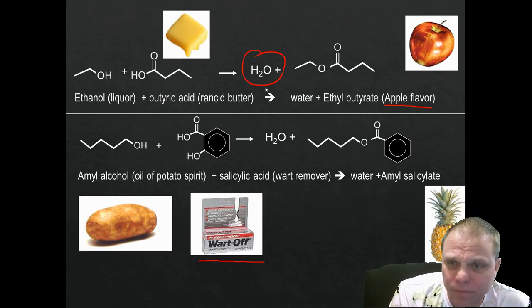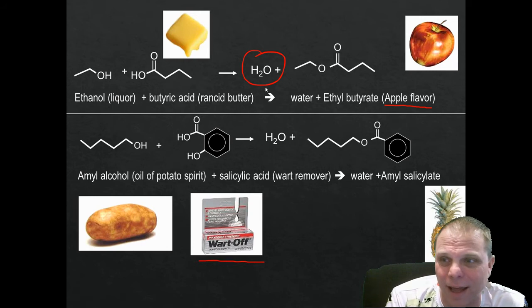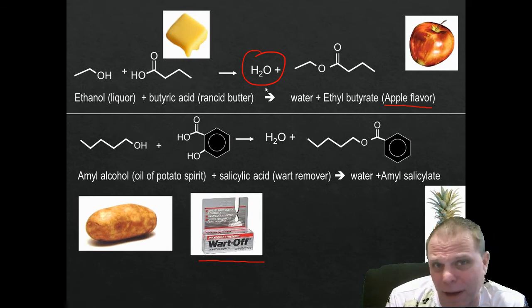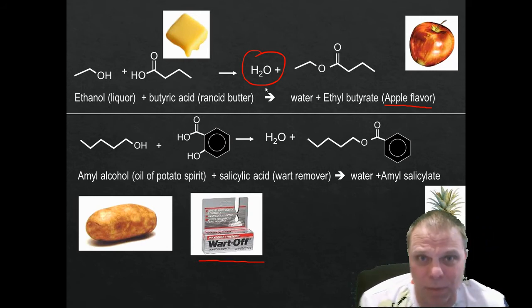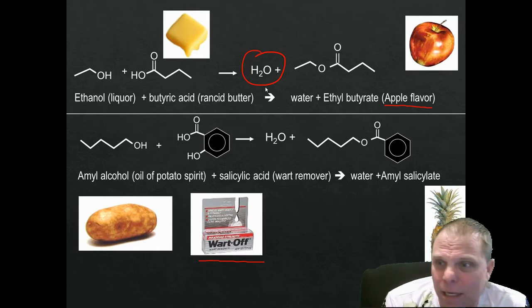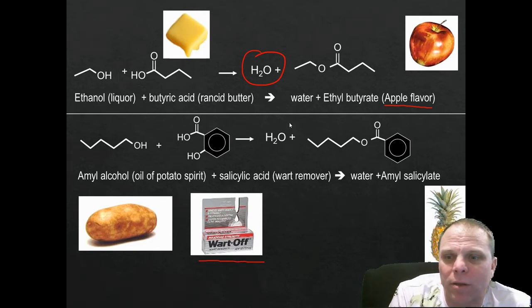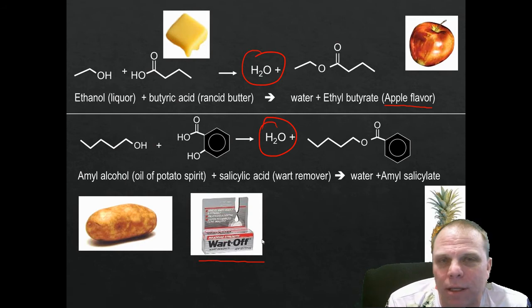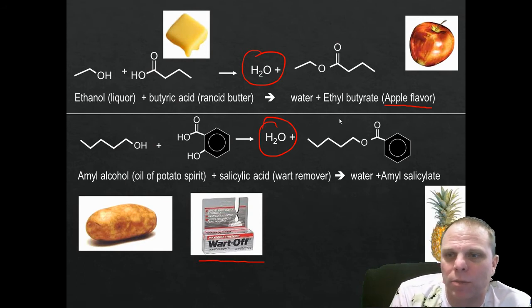Now, for candies, okay, this isn't like this apple flavor. This is an apple flavor you'd put into a Jolly Rancher or something. This isn't like the apple that you eat, okay? All right, now notice that there's a water. Each time I told you that this reaction was called a dehydration synthesis. And what we're doing is we're getting this molecule over here is the molecule that's the result of our synthesis.